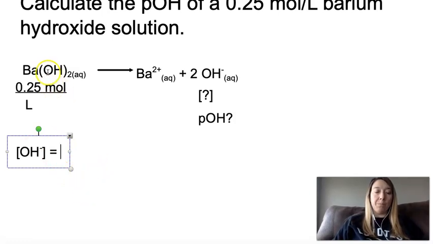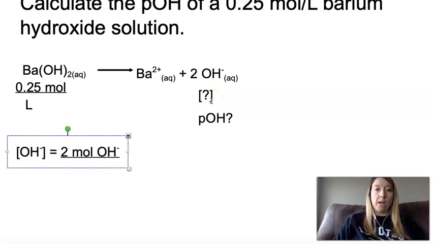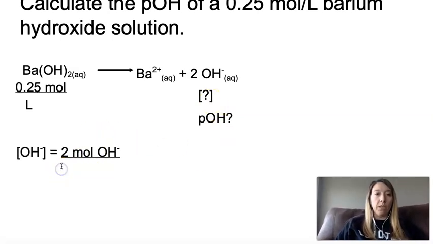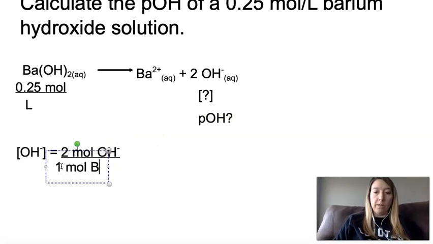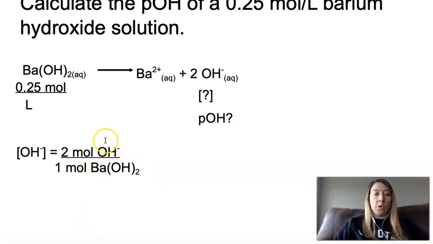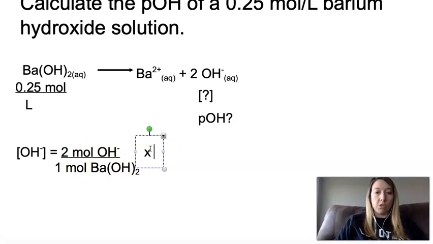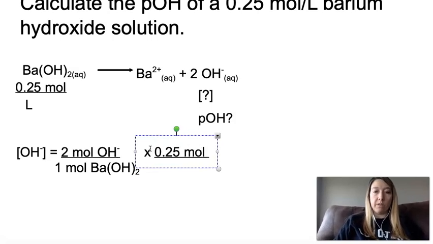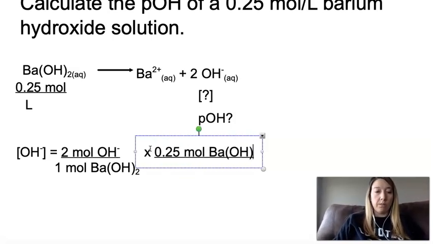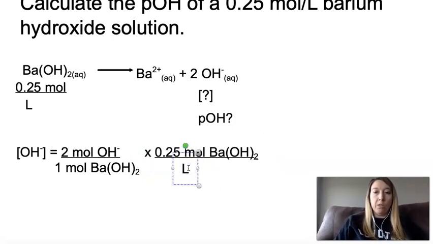So I have moles, but this is barium hydroxide. So like we've done before, we're going to start with that ratio. We're going to say 2 moles of that hydroxide ion over 1 mole of the barium hydroxide. Right, so we need to get rid of moles of barium hydroxide, so we're going to multiply by the concentration, so 0.25 moles of Ba(OH)2 per liter, okay?